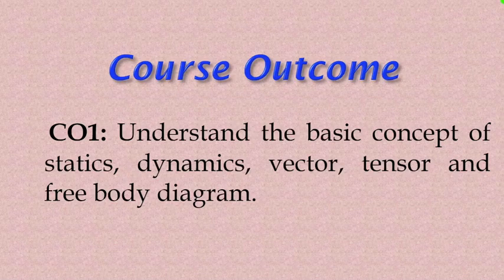Our course has been divided into 5 COs, course outcomes. Free body diagram belongs to CO1, which is to understand the basic concept of statics, dynamics, vector, tensor, and free body diagram.